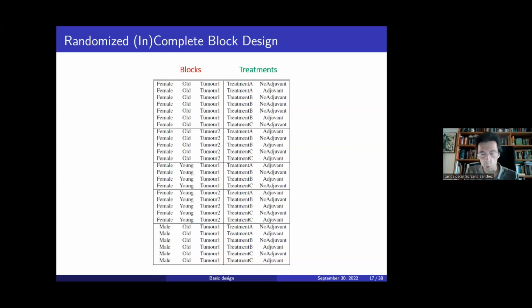And balancing is good. I don't mean that you have to design in this way, but imbalance is not terrible either, as there are mathematical ways of dealing with imbalance. But they should look like this: homogeneous blocks, and within the blocks you randomize with all the treatments and all the possible combinations of the treatments that you can think of.